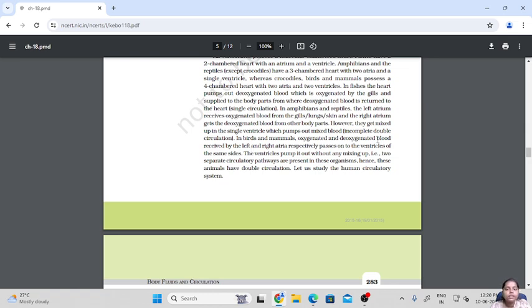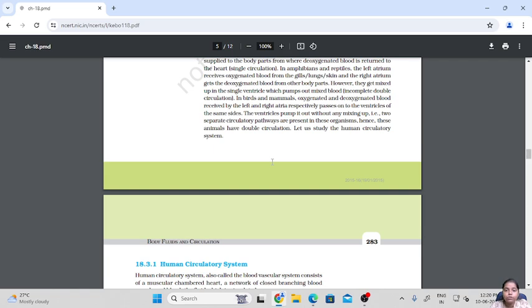Likewise, the deoxygenated blood received by the right atrium is passed on to the right ventricle only. The ventricles pump it without any mixing up. These are the two separate circulatory pathways present in birds and mammals. So these animals have what we call double circulation.